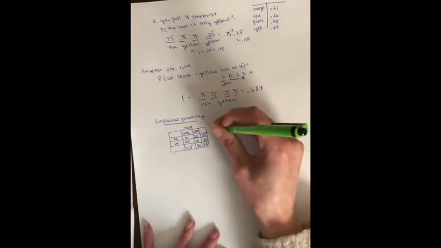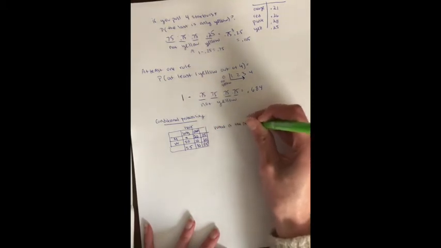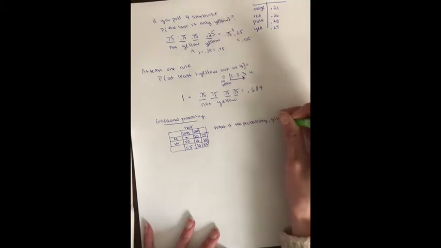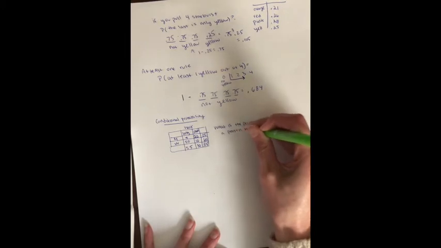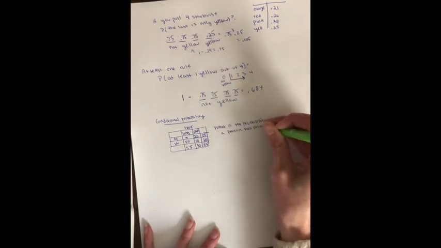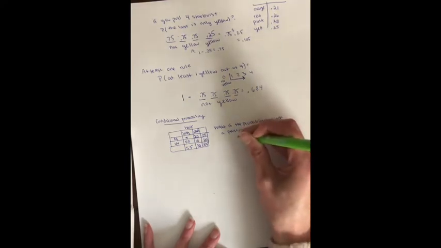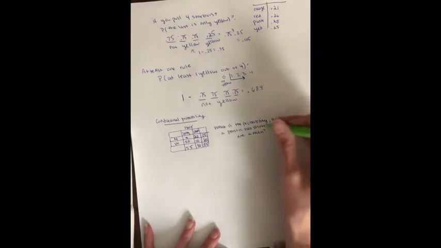Conditional probability would be like, what is the probability, given a person has short hair, they are a man? This is conditional probability. We have a condition that we know is true.